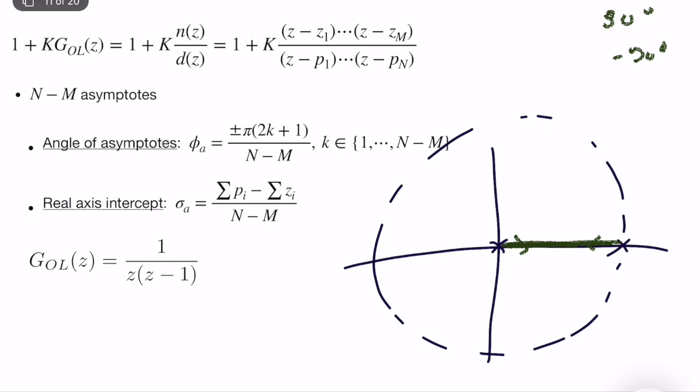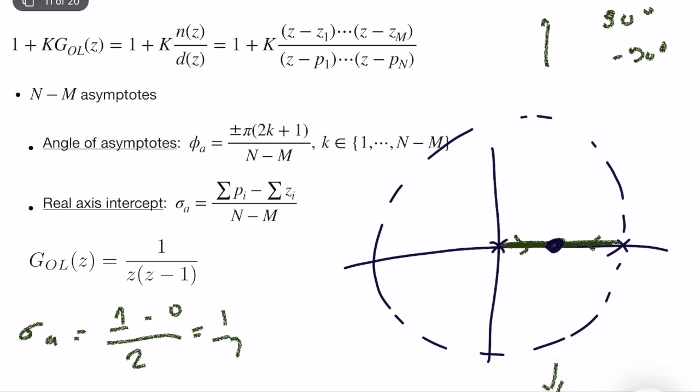So I already know that it's vertical. One is going in this direction and the other one is going in this direction. Let's compute the intercept where they intersect. Sigma a is equal to the summation of poles, which is 1, minus 0, divided by 2, which is equal to 1 over 2. That's great. It's at 1 over 2.